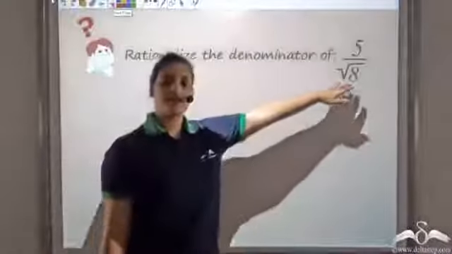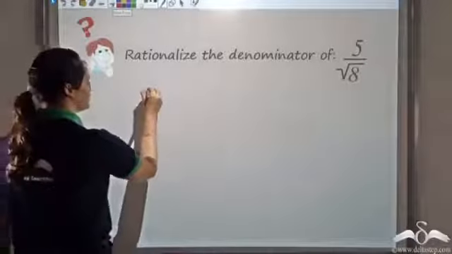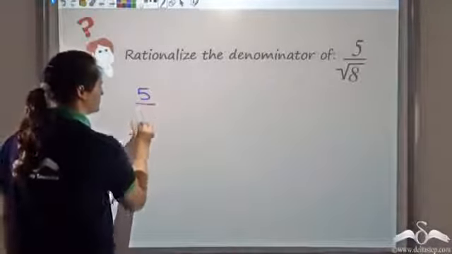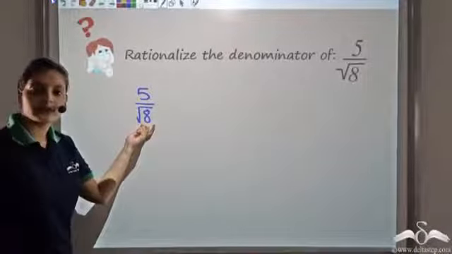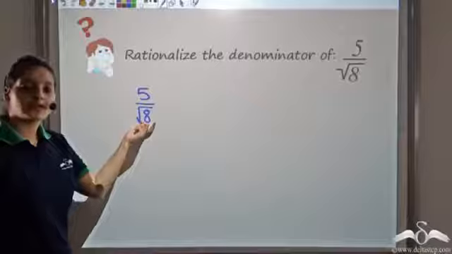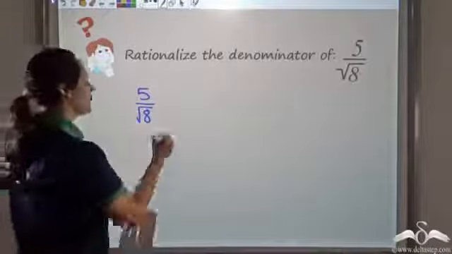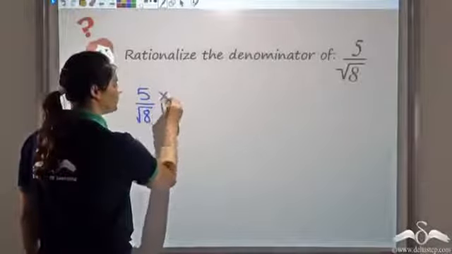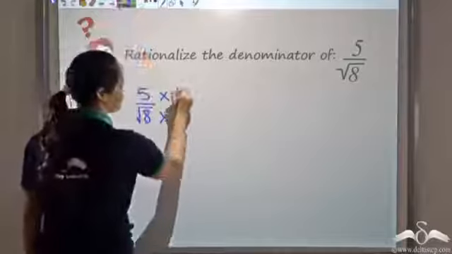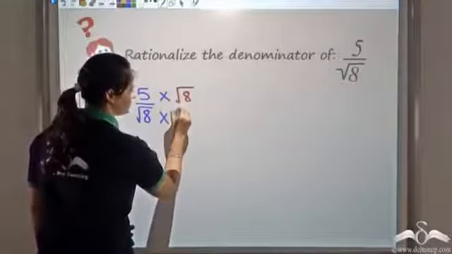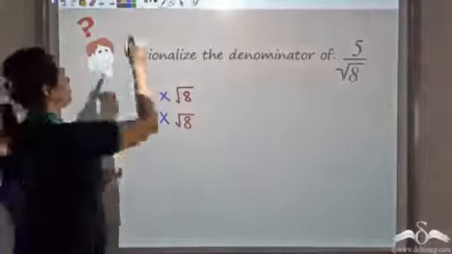Now, can you rationalize this number, which is 5 by under root 8? The denominator is an irrational number. To reduce it to the simplest form, I need to rationalize the denominator. How do I do that? I multiply both the numerator and denominator by under root 8. So, what do I get?